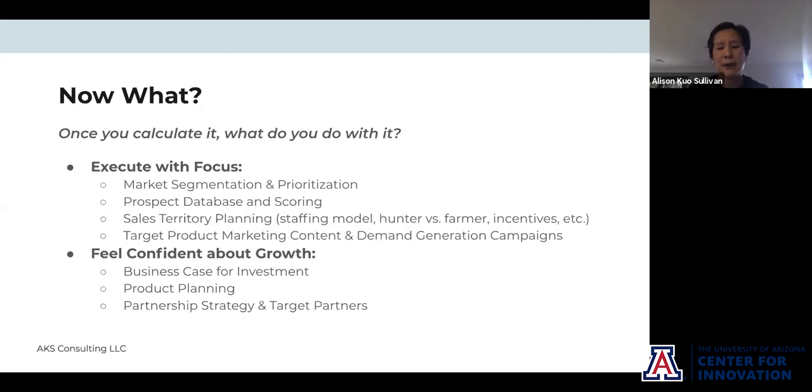It not only influences what you're doing in early stage, which is who am I going after and what kind of prospects am I going after, but then as you grow, it starts to do other things like prospect scoring, whether you're going to use direct sellers or partners, how you're actually planning your territory, what product marketing content am I going to lead with, and what demand generation campaigns am I going to lead with as well.